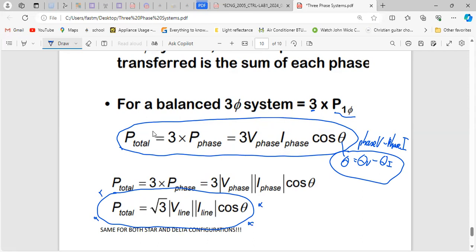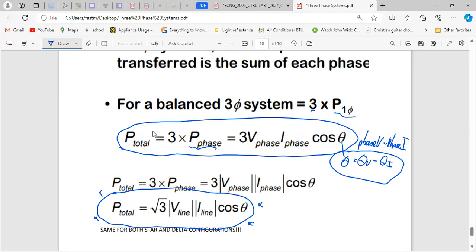All right, first one is just 3 times P phase, which is just power equals VI. So that'll be V phase by I phase. So if they give you V phase and I phase and the power factor, yeah, you could find the power. Or if they give you the V line and the I line, you get the total power. Right? These equations are linked.